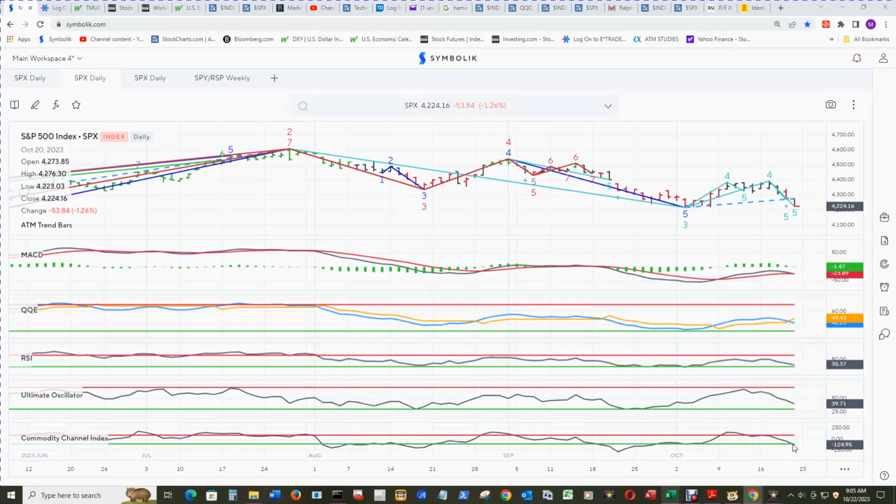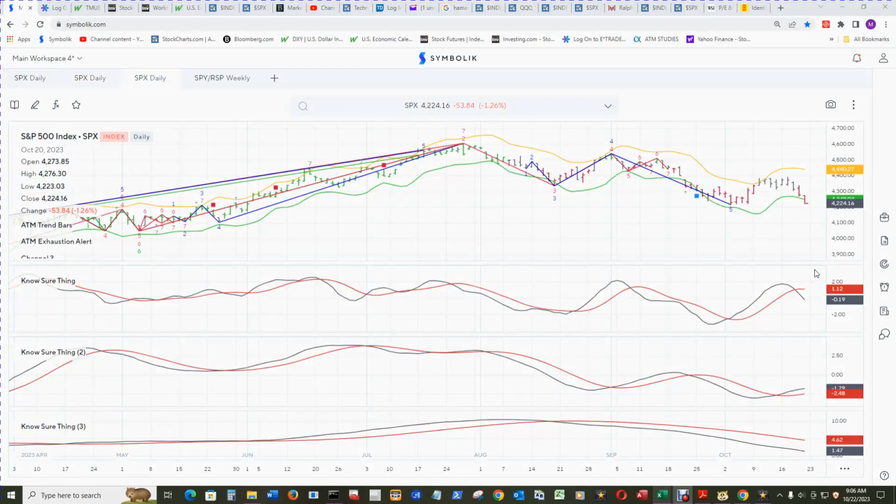And the commodity channel index, similar to Williams %R that we just looked at, is below its oversold line here. And all KSTs are in the negative section. The short-term KST, -0.19, just went below 0.